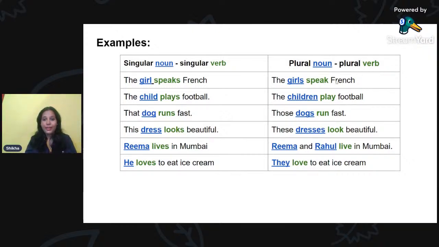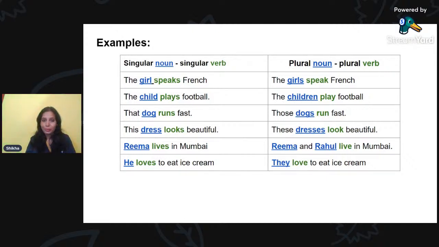If I say speak, this is plural, right? But if I say speaks, this is singular. So whenever we add s to the verb, it becomes singular. The verb without s is plural.